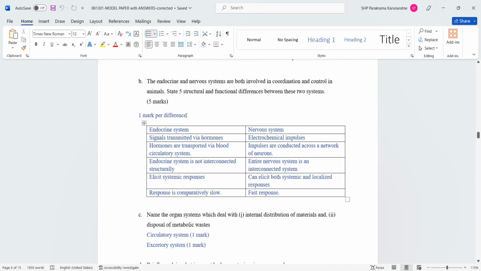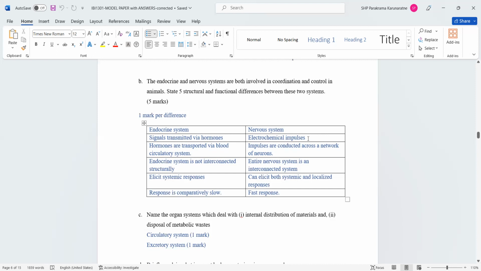Then the next is the endocrine system and nervous system. I clearly explained these things during the lecture. State 5 structural and functional differences between these 2 systems. In the endocrine system, as you know, signals are transmitted through hormones. In the nervous system, it is electrochemical impulses transmitted through nerves.